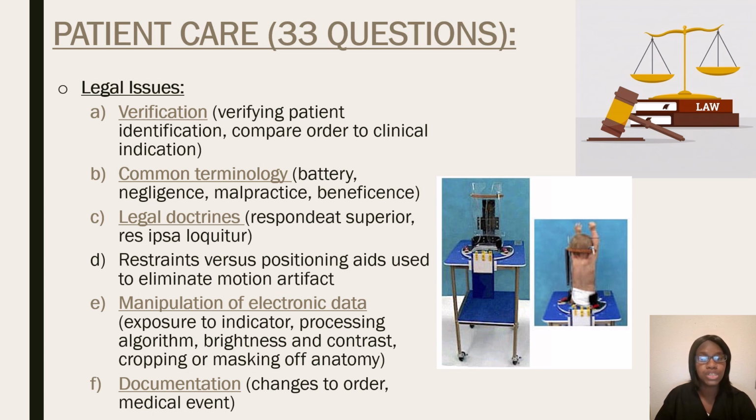We'll also talk about restraints versus positioning aids used to eliminate motion artifact. We'll talk about manipulation of electronic data, which is exposure indicator, processing algorithm, brightness and contrast, cropping or masking off anatomy. And then we'll talk about documentation, which is the changes to order or medical event.